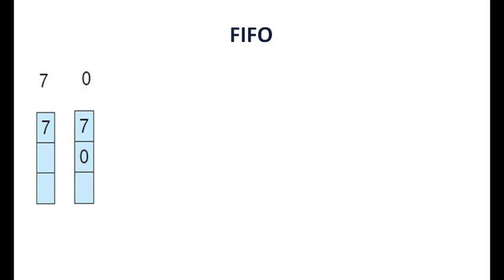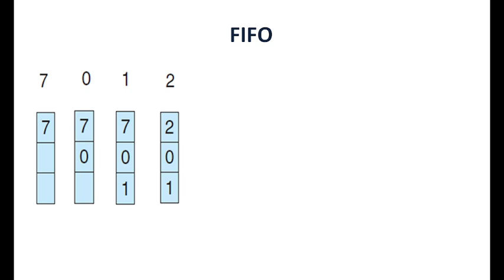Next 0 is referenced, and that has also resulted in a page fault, and then 1. But till now we haven't done any replacement, because there were free frames. But hereafter, if any new page is referenced, we have to do a replacement applying the logic of FIFO.